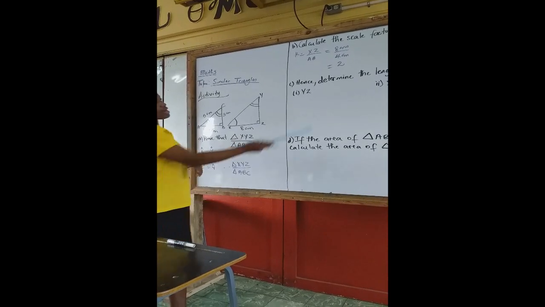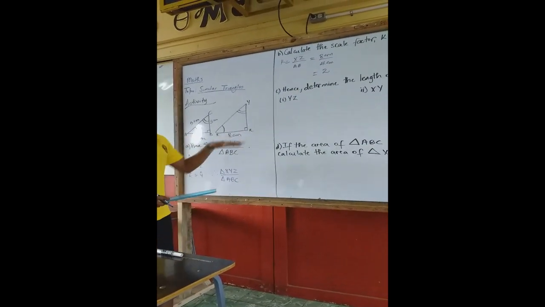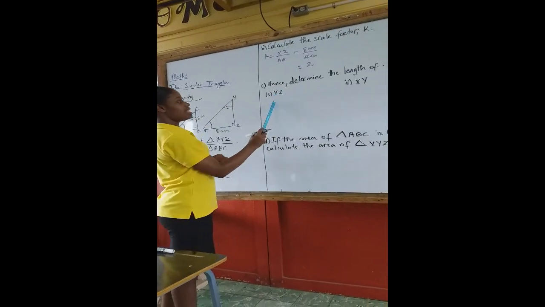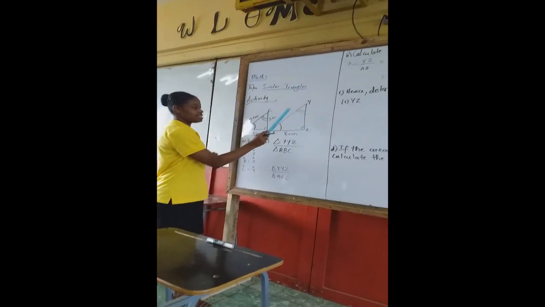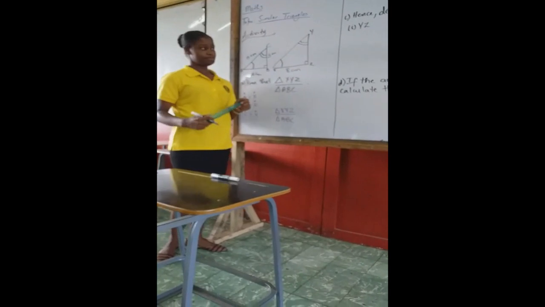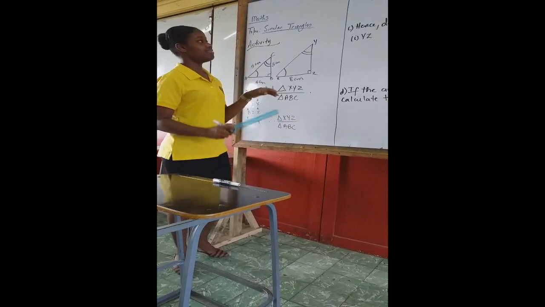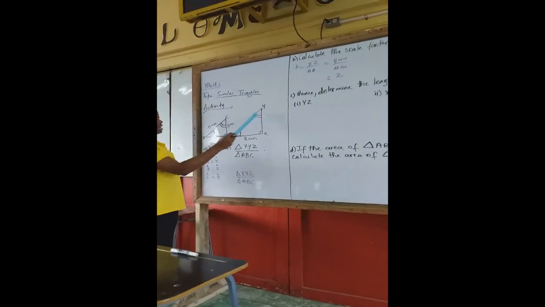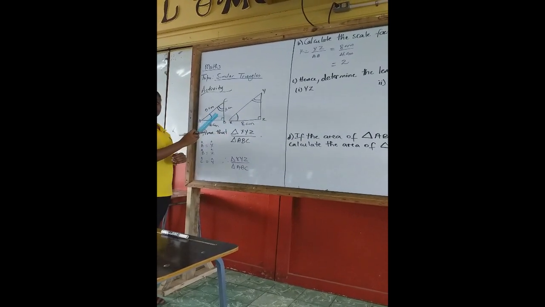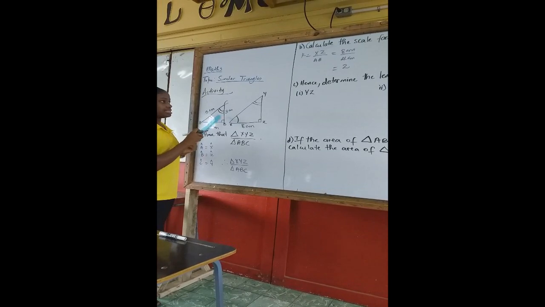Now that we have found our scale factor, we're asked to determine the length of YZ and XY. Those are the missing sides of triangle XYZ. To do that, we have to use the scale factor, because this scale factor tells us that triangle XYZ is 2 times bigger than triangle ABC.